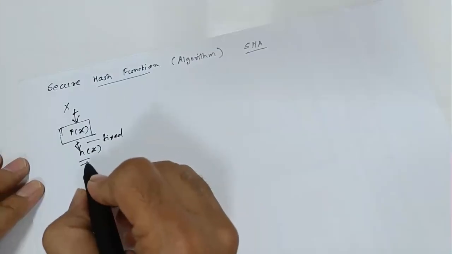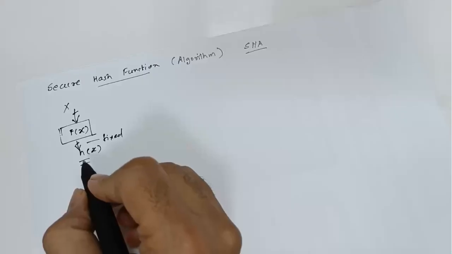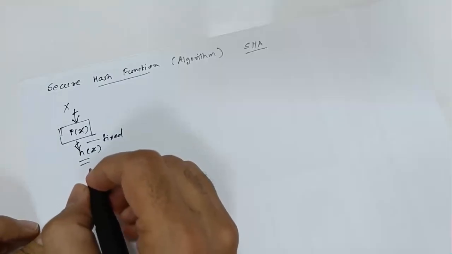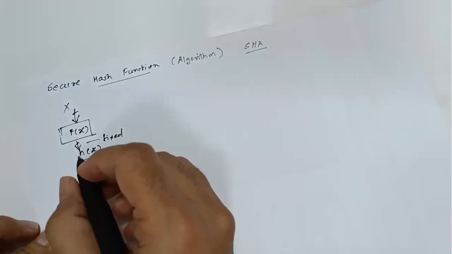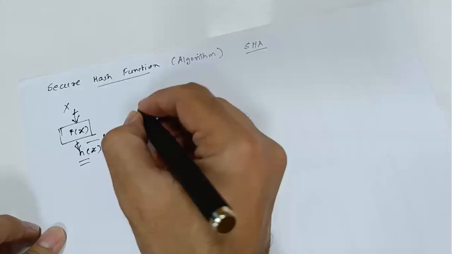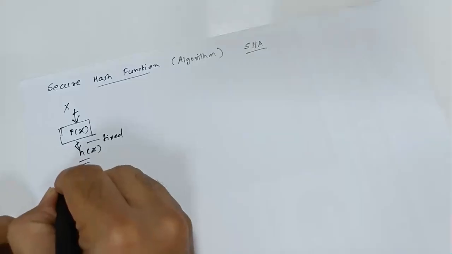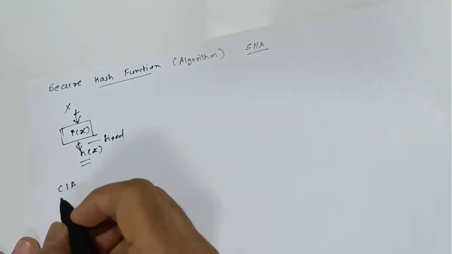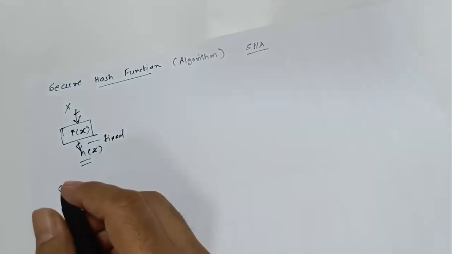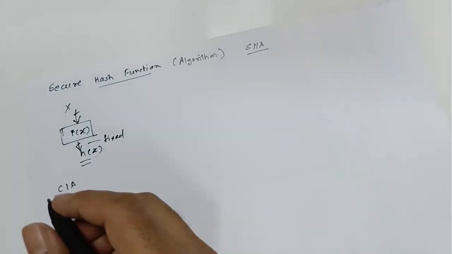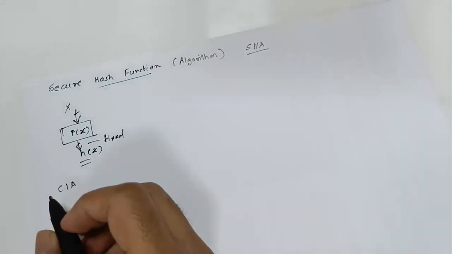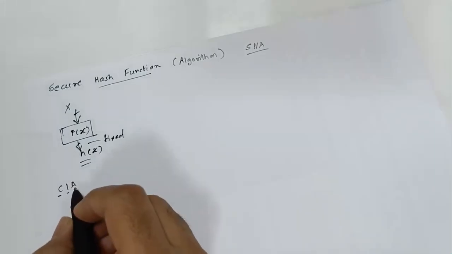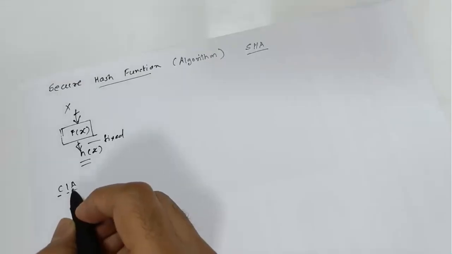Basically, a hash function gives a constant value for that particular X input, and you use this hash function to check the integrity. If you remember the CIA triad, what is CIA triad? Confidentiality, integrity, and authentication.